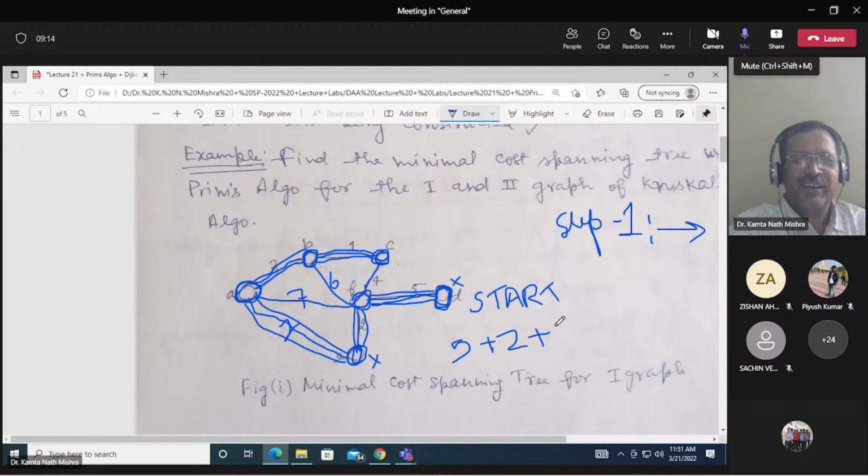Tell me the weights: 5 plus 2, we have gone to A, plus 3, plus 1. Yes, you see this one, from E to A it is 2. So 5 plus 2 plus 2 plus 1, how much is it?